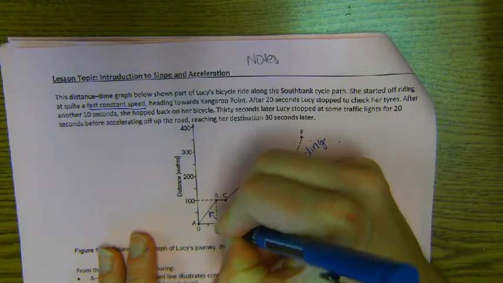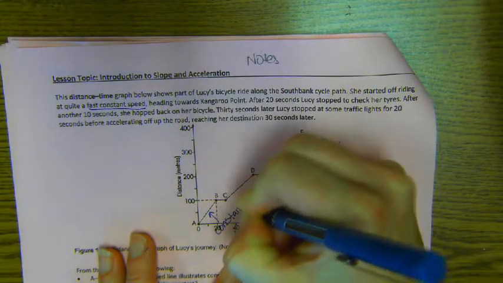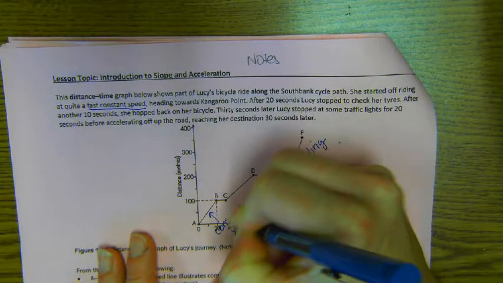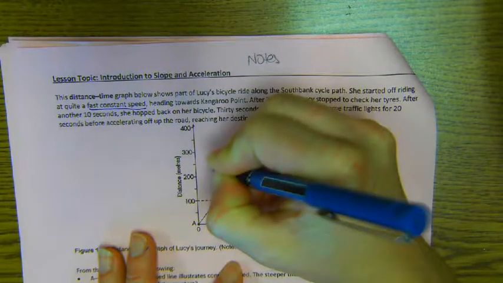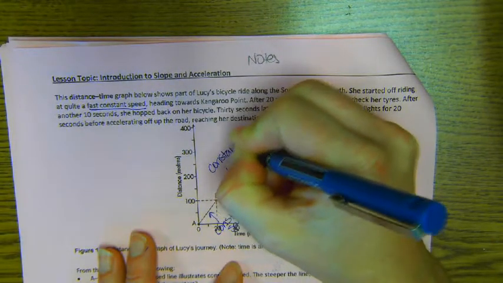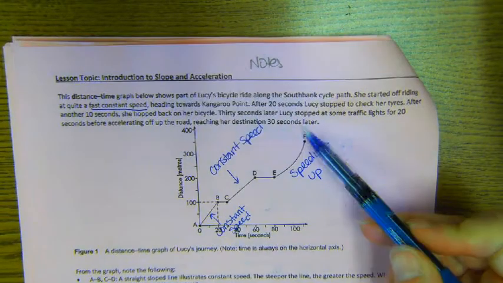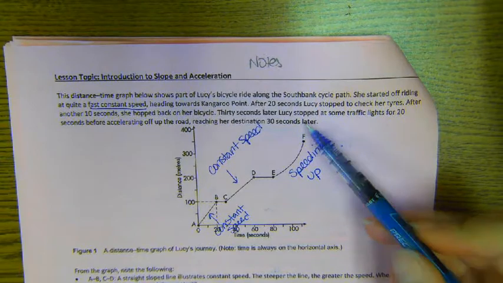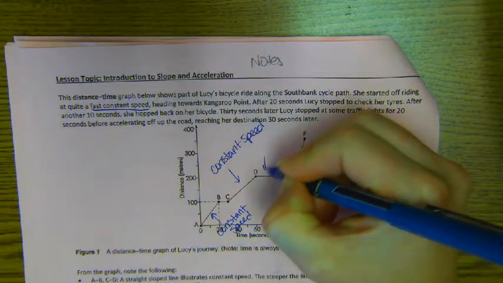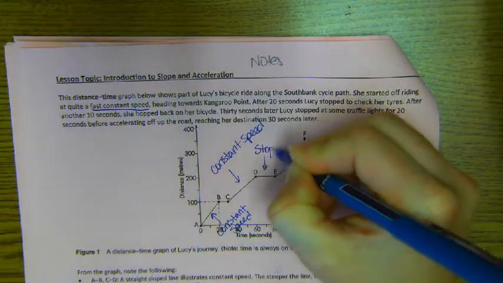So this is constant speed. This is constant speed. This is speeding up because it's curved. And the flat means she stopped.